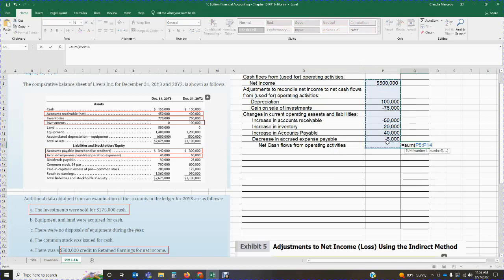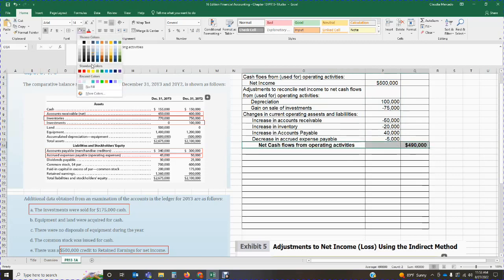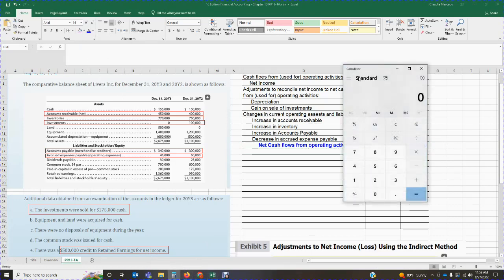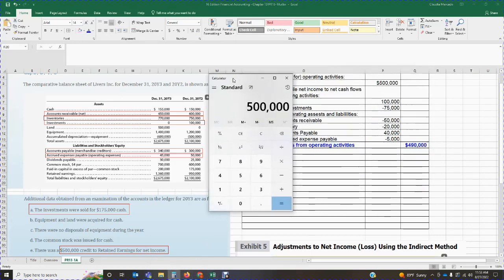Let's see what we get. We get $490,000. Now I'm going to put this in another color so it can stand out, and that way we can see our totals for each of the sections. So what did I do? I got my 500,000. Let me get my calculator out. 500,000 plus 100,000 plus 75,000 minus 50,000 minus 20,000 plus 40,000 minus 5,000.